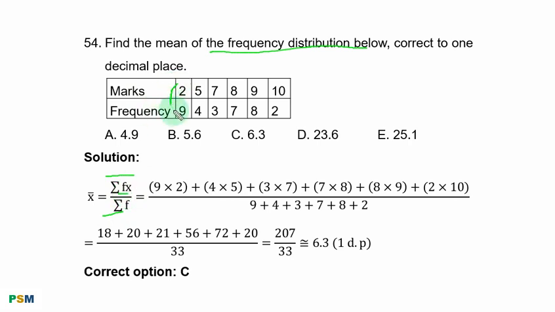So you come here, you multiply, plus the product of these numbers plus this product and so on over sum of frequencies. When you multiply respectively the numerator, you have this result over 33. When you add, you have 207 over 33. When you divide and approximate to 1 decimal place, the mean is equal to 6.3. The correct option is C.